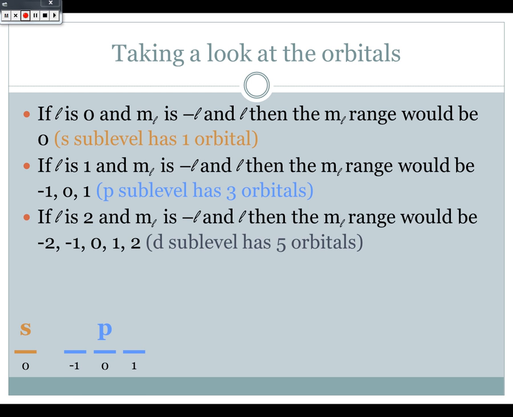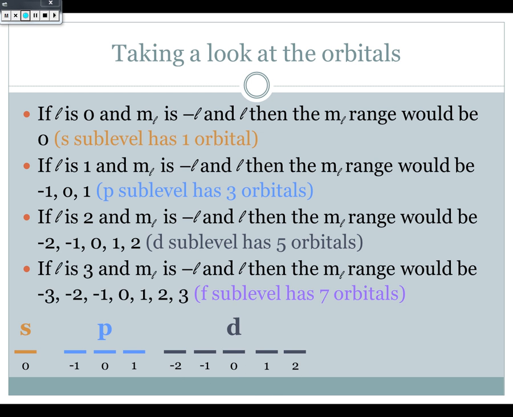You can then see that if L is 2, your range is going to be negative 2, negative 1, 0, 1, and 2, so the D sublevel has 5 orbitals. And then if L is 3, you've got negative 3, negative 2, negative 1, 0, 1, 2, or 3, 7 potential orbitals. Now each of these orbitals can contain 2 electrons.